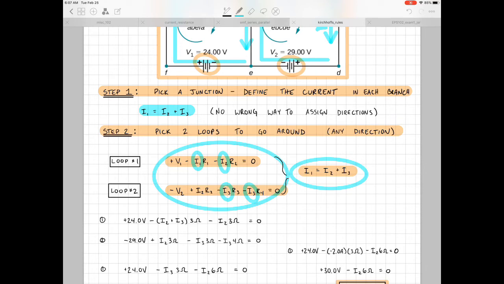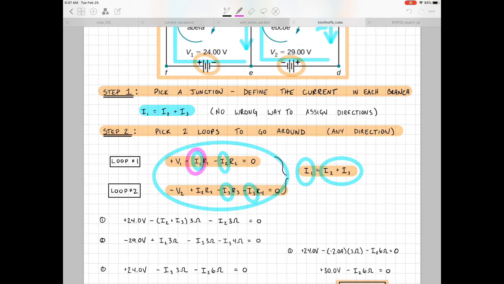The first thing that I'm going to do is substitute in my junction expression. Over here I know that I1 equals I2 plus I3, and if we look at the terms, I only have I1 right here, so I'm going to immediately substitute that out, so I get two equations with two unknowns.